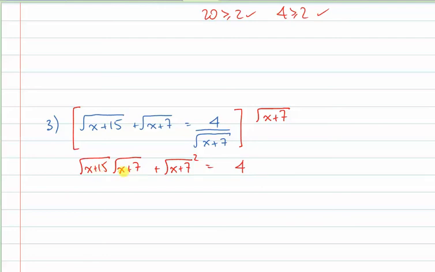When I have two radicals multiplied, I multiply their inner contents, so I get x squared, 22x, and 7 times 15 is 105. That's all inside of a radical. The square and square root are inverses that cancel. You'll see that this is similar to other questions I've had before.